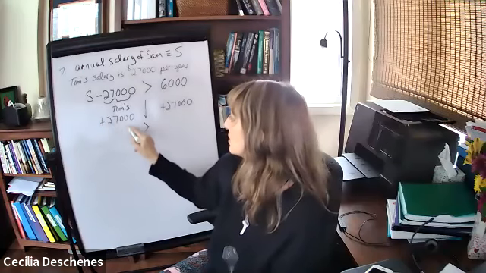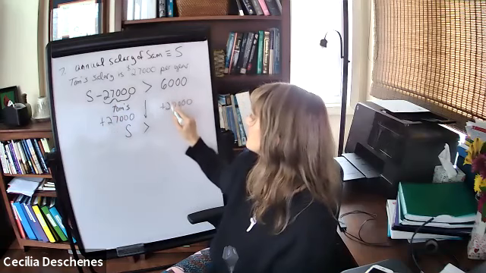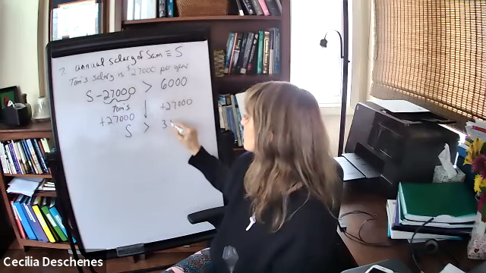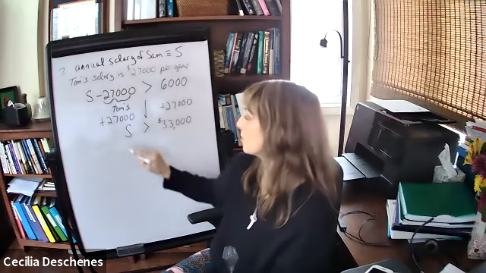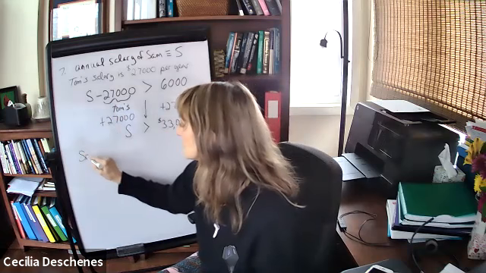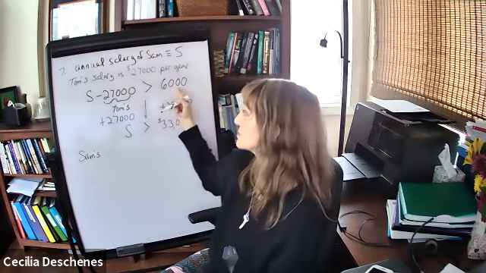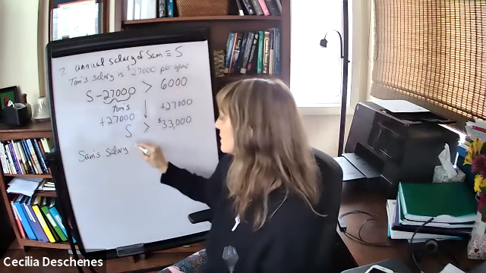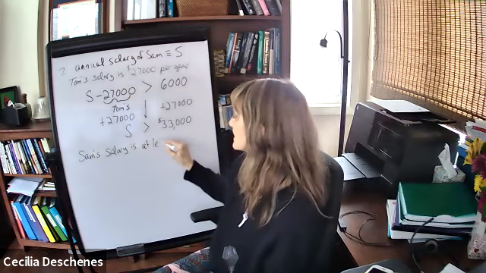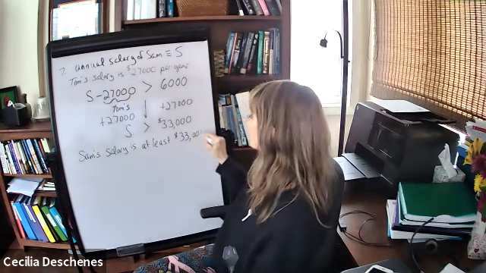This cancels out, and now we have S. Sam's salary is greater than 6,000 plus 27,000, or 33,000. So we don't know exactly what Sam's salary is, but we know it's greater than Tom's by at least 6,000. Sam's salary is at least $33,000 per year.